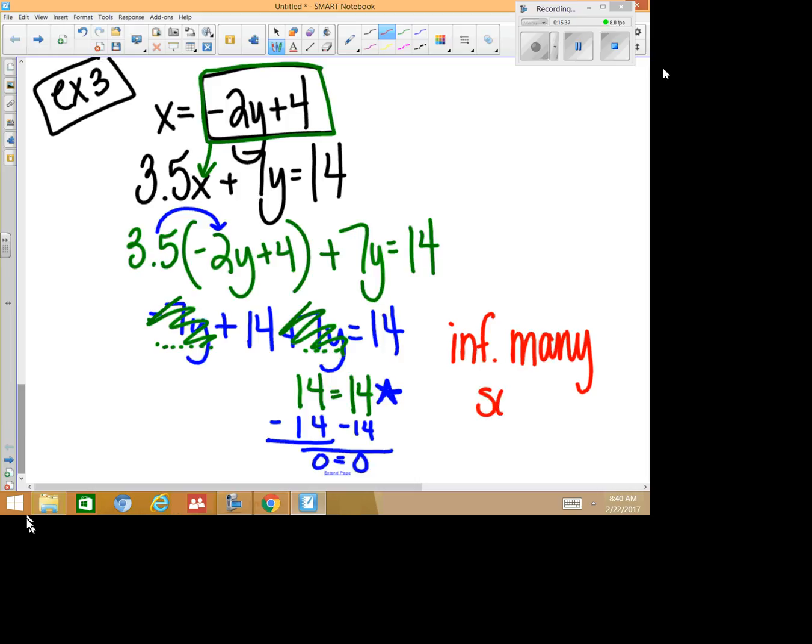Infinitely many. And you can put solutions if you want. Most of the time I don't. I just put infinitely many. Infinitely many because of what? Because the numbers match. They do actually equal each other.